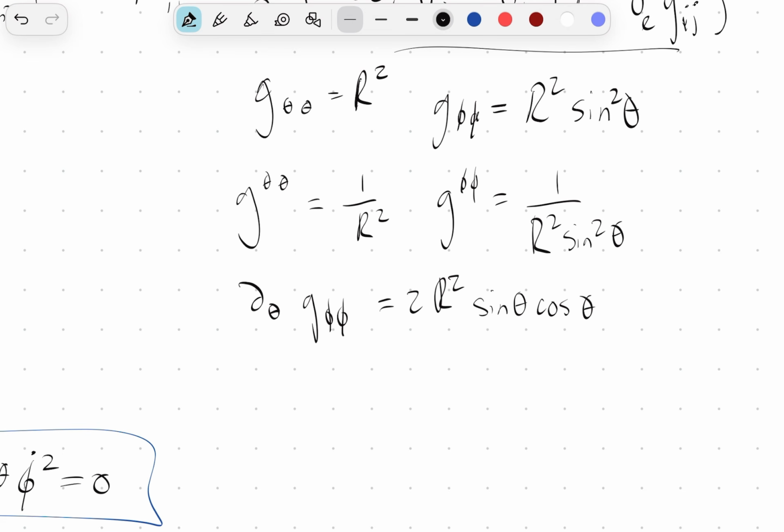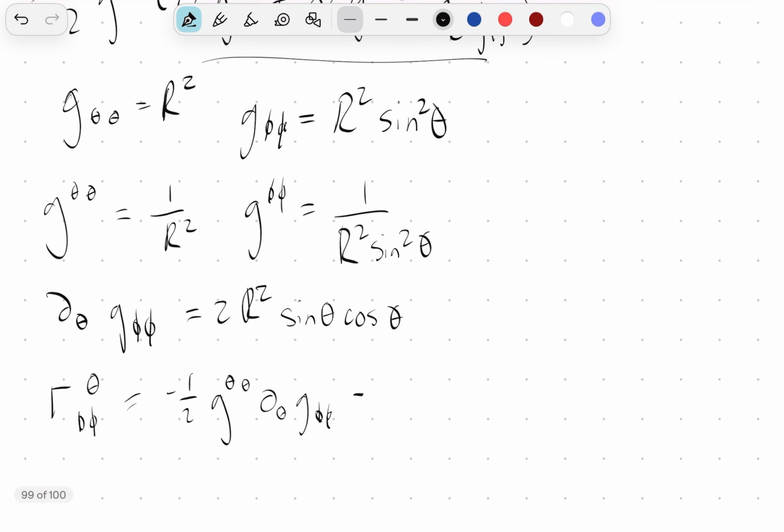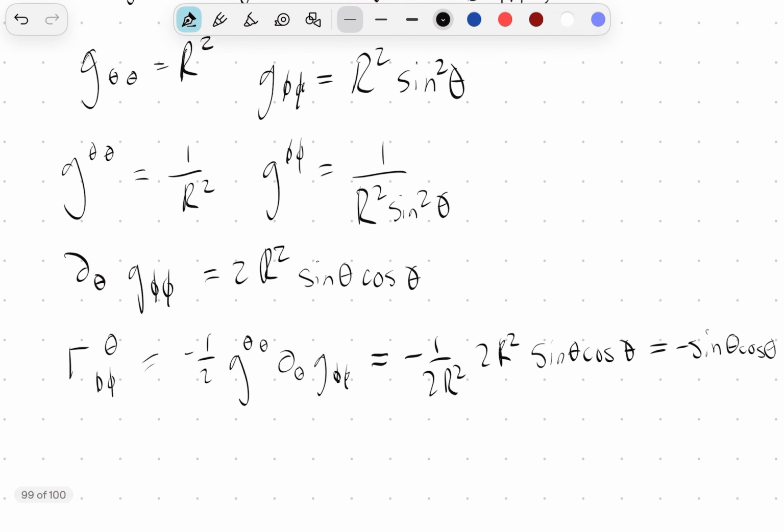So the non-zero connection coefficients, if you take theta phi, this should be 1/2 of g theta theta, del theta del phi, to be 1/2 of 2r squared sine theta cosine theta, which is equivalent to sine theta cosine theta.